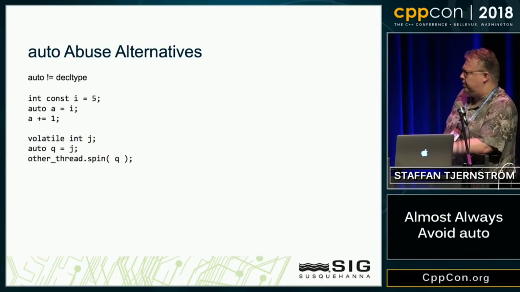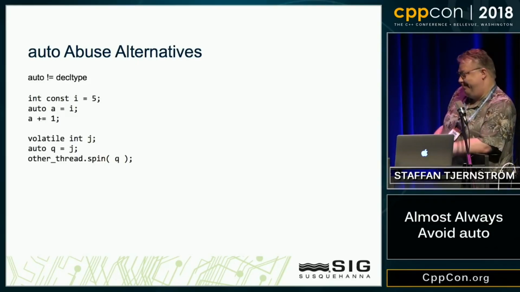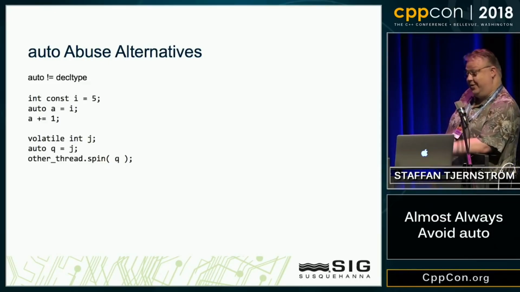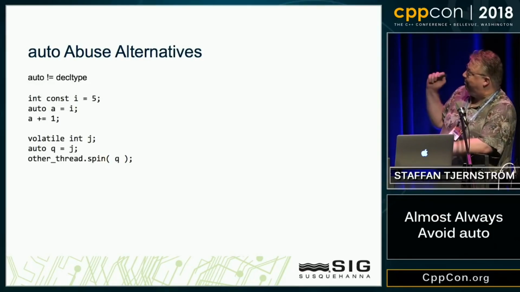Well, maybe not. Because auto is template deduction, as I understand it. Of course, template deduction will tear off the top-level const volatile qualifiers. So you can assign to an auto from a const. And if you try to spin on a volatile, you're probably going to be spinning for quite some time.